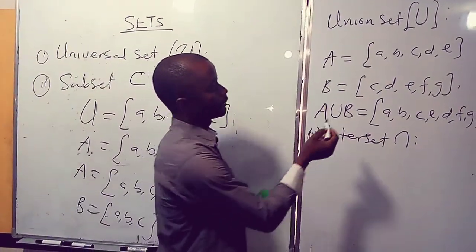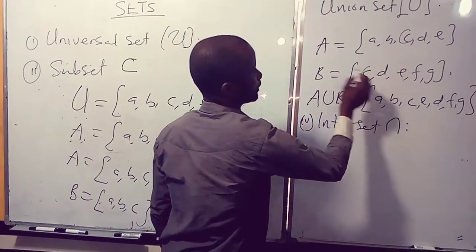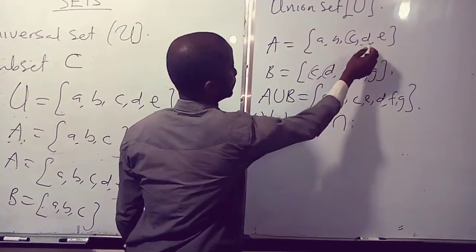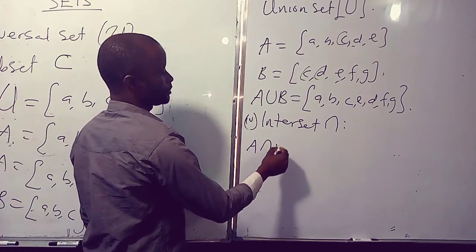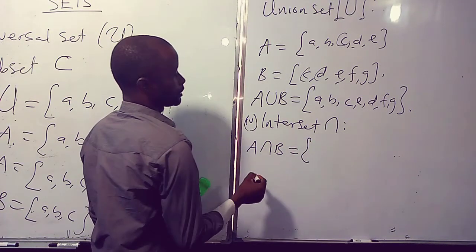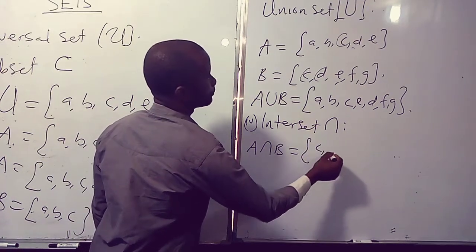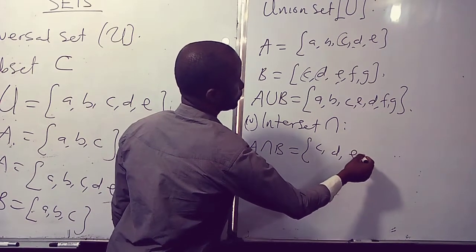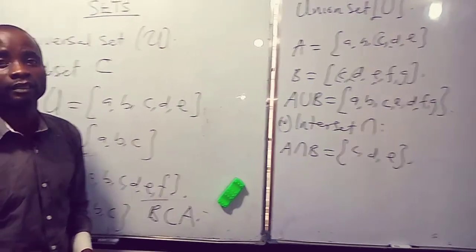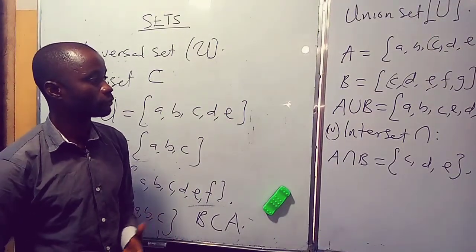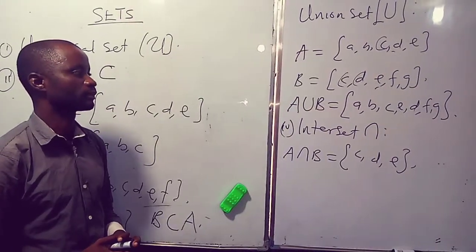What are the common elements here? C is present, that's one. We have D and E. That shows that A intersect B equals the common elements C, D, E. These are the intersection, that is, the elements that are common to the two subsets.